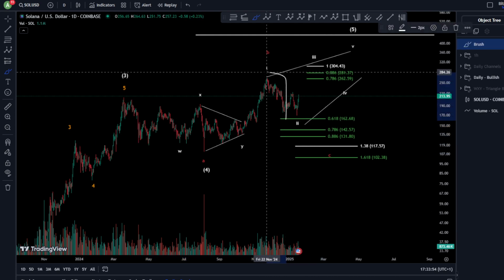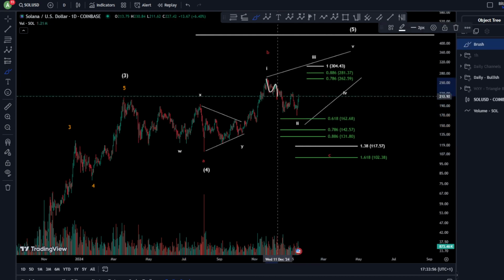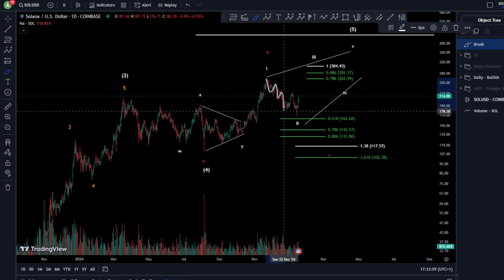Now this wave 1 doesn't look really like a nice impulse or start of an impulse, because you have 1 2 3 4 5.